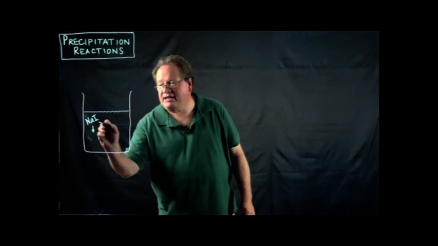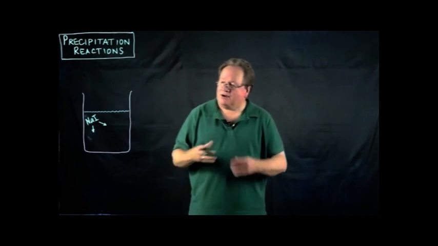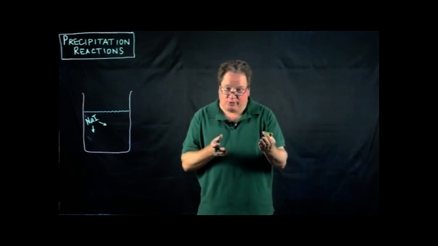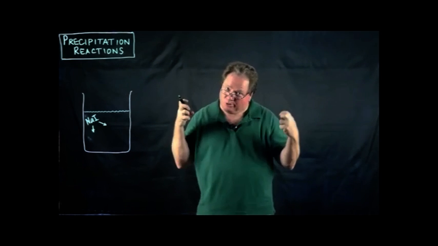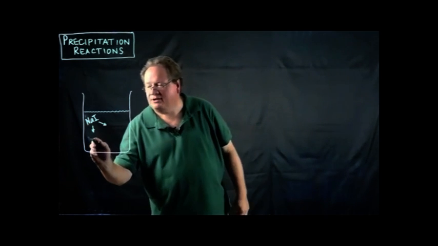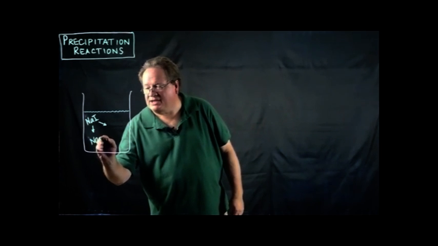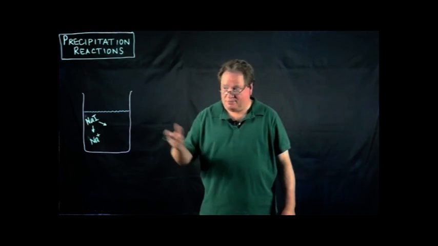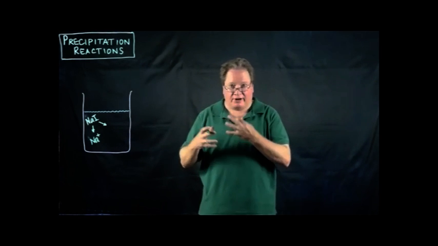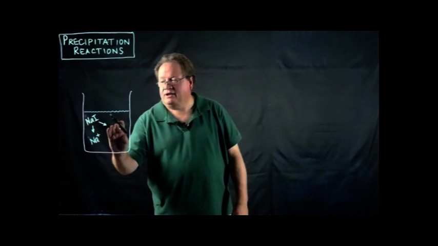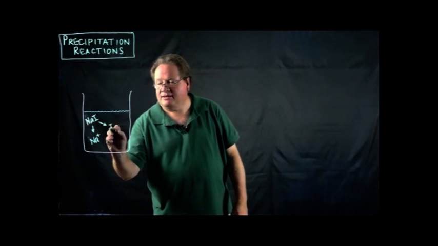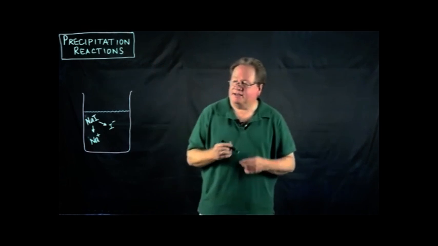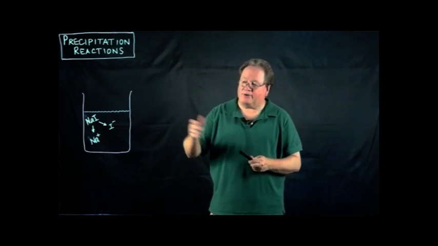Instead, these two pieces are going to break apart. We talked about that process where water surrounds them and pulls the ions apart from each other. And so what I'm actually going to see in here is some sodium ions, with a +1 charge, floating around, surrounded by water molecules. I'm also going to see some iodide ions floating around in there.